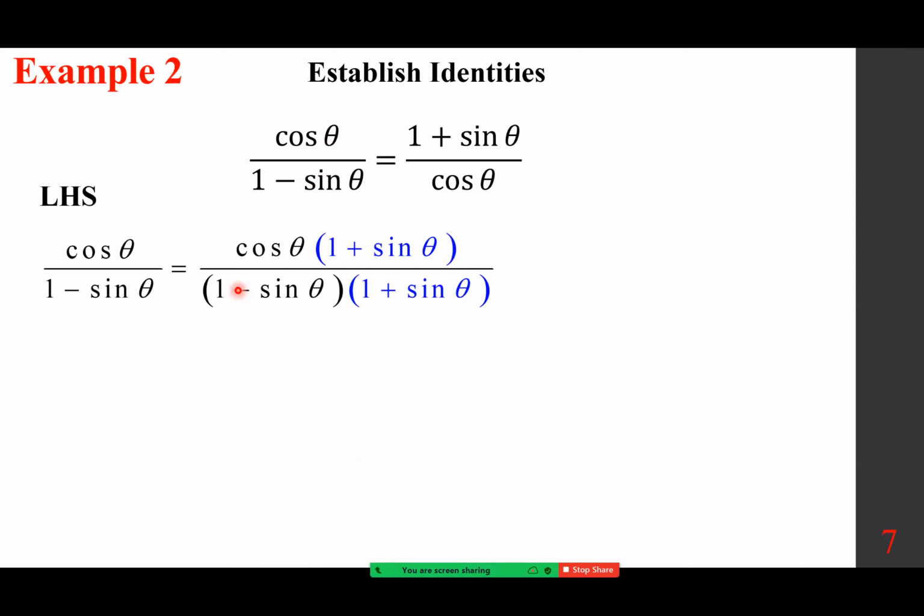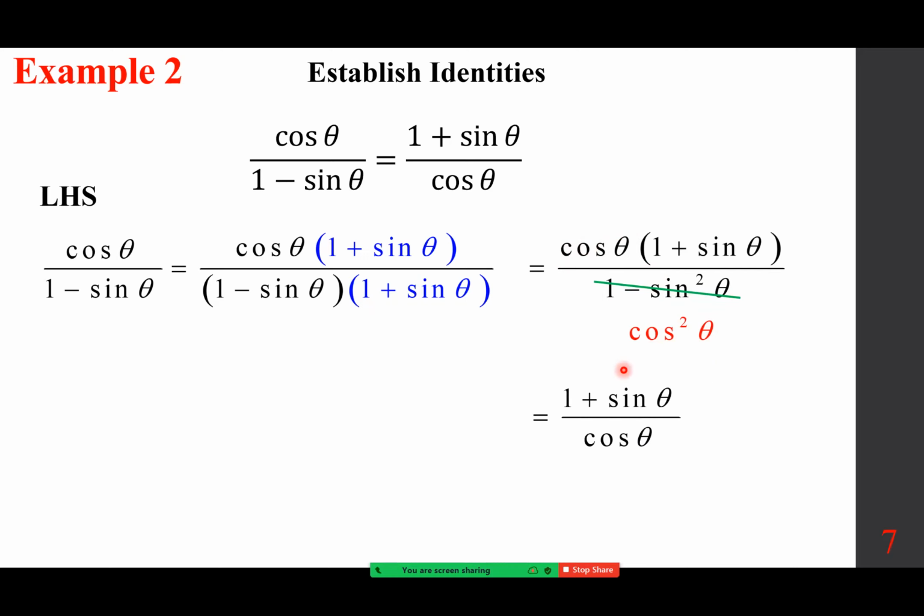So obviously the denominator is 1 minus sine squared. And we know 1 minus sine squared is cosine squared. This cosine goes away, and this cosine squared will change to cosine theta. So we are looking at this one going away, this one changing to cosine theta, and that is the right-hand side. That's the proof. So we are establishing identities.